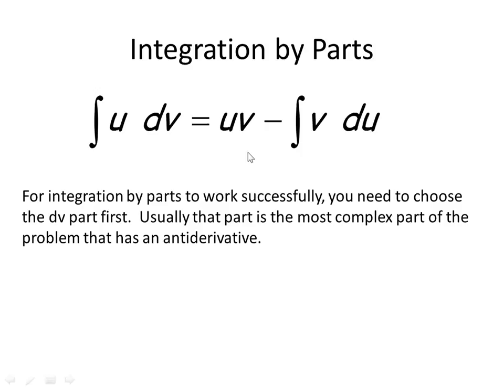Now, some hints that you might want to remember. For integration by parts to work successfully, you're going to choose the dv part first, and usually that part is going to be the most complex part. I say usually, not always. One thing you need to remember is when you choose a dv, it has to have an antiderivative.